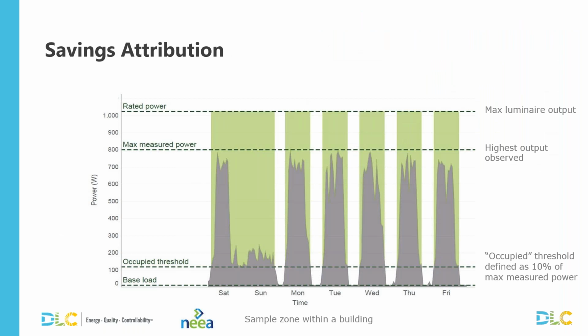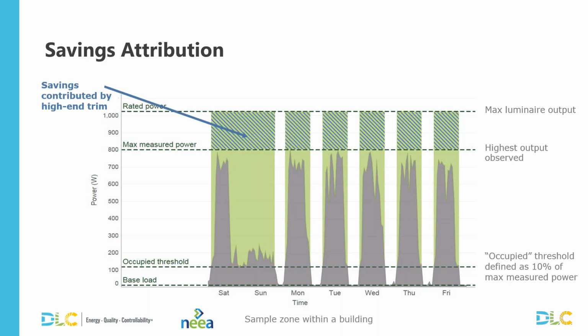Now we have looked at how the overall savings for each data set is calculated using the inferred baseline methodology. In this study, we also tried to further dissect the savings and attribute them to different control strategies. So continuing the same illustration from the previous slide, the green areas with blue stripes are the areas between the rated power, or the maximum luminaire output, and the highest output observed in the actual time series energy data.